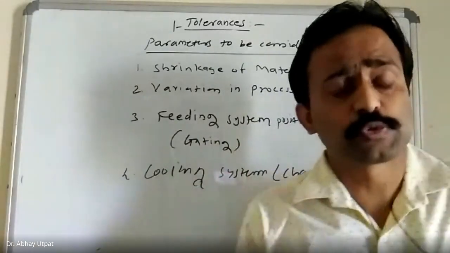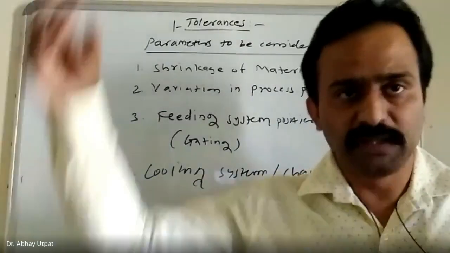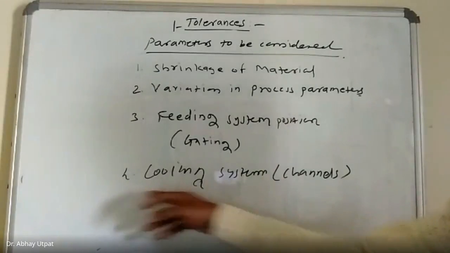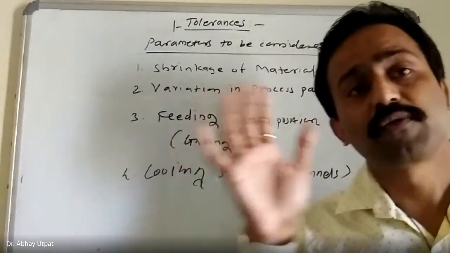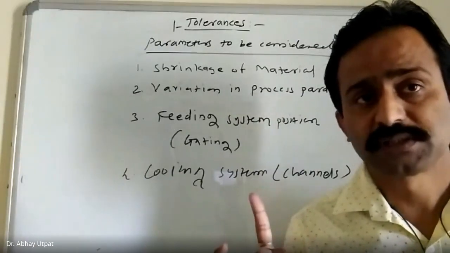But if it is extrusion molding, cooling is outside the mold, so then there is direct contact of water or air. So accordingly, which type of cooling system is provided, tolerances provided on the product are varying. I'm not talking about allowances.